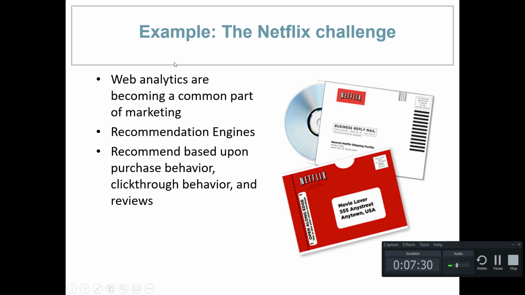So this was the Netflix challenge. Basically, Netflix have online reviews, and based on people's reviews and what they buy, Netflix recommends movies to people. It recommends based on their previous purchase behavior, which movies they click and maybe don't actually buy, and their online reviews. So they did a challenge.